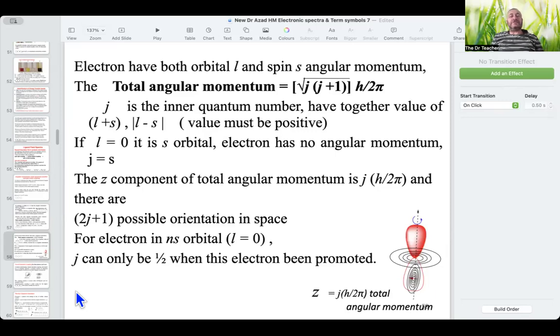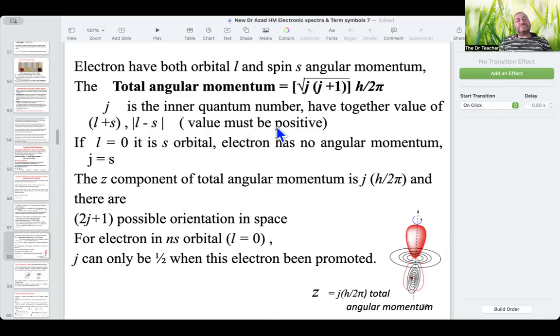So for the J, which describes the direction, is the inner quantum number. Take this value, and we need to know that J equals to L plus S or L minus S. So why you see the bracket here is like this, and here you have it, because every time you end up with positive value.